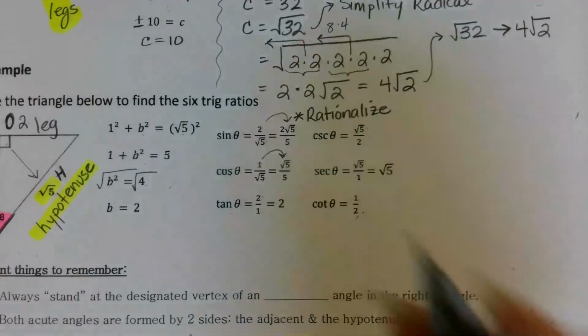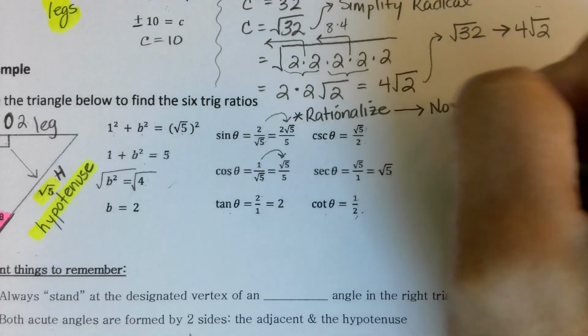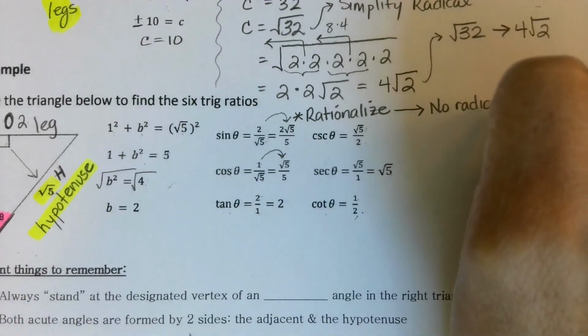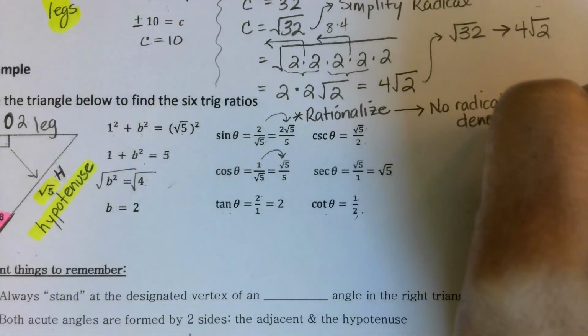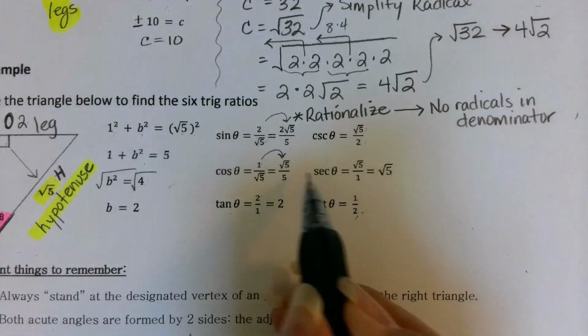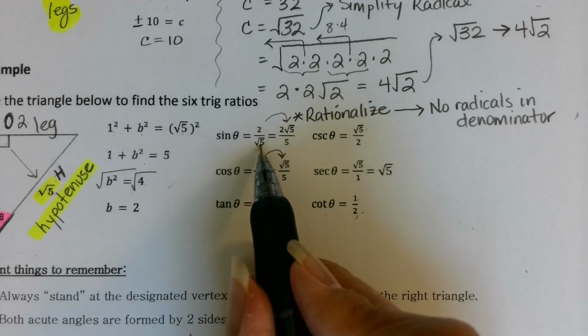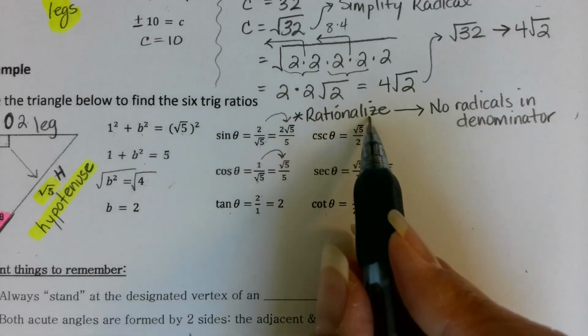What I mean by that is no radicals in the denominator. Notice right here, we have a radical in the denominator of square root of 5 and also right here. I need you to rationalize when that happens.